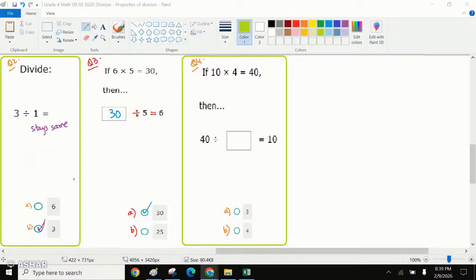Yes, thank you, May. That means 40 divided by 4, option number B.